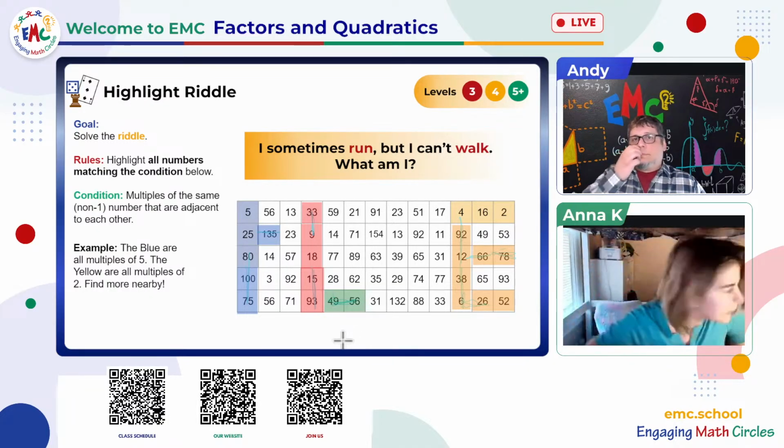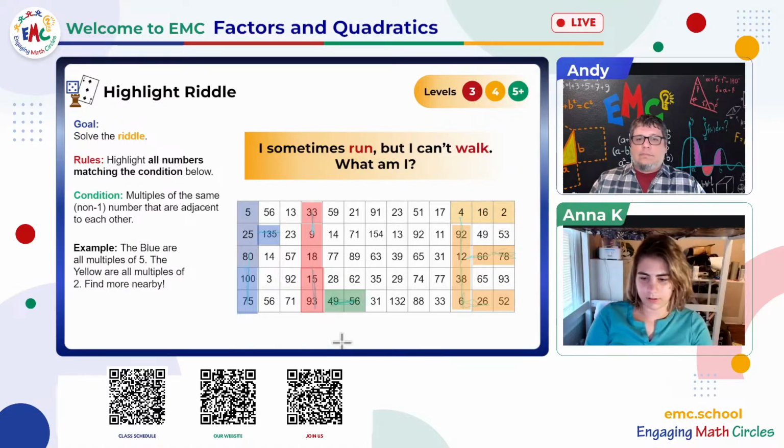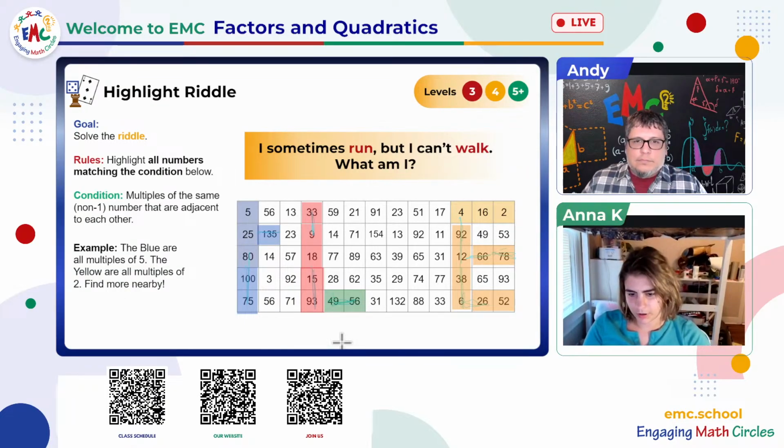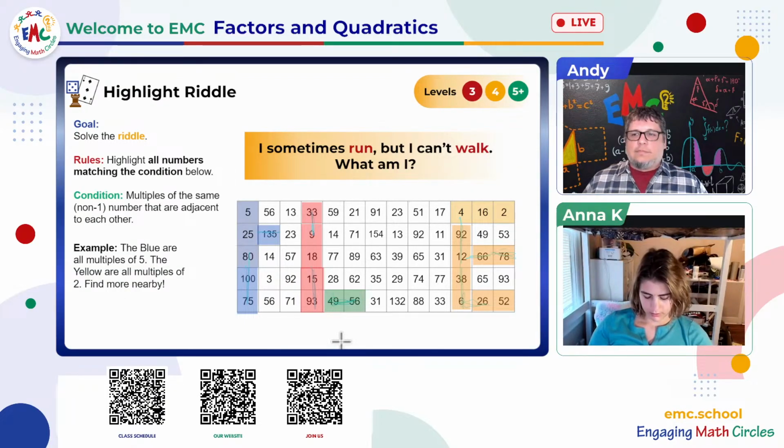What other multiples of 3? I believe 57. Yep, 57 gets added on. That's an N. Looks like an N now, for those who can't see it.